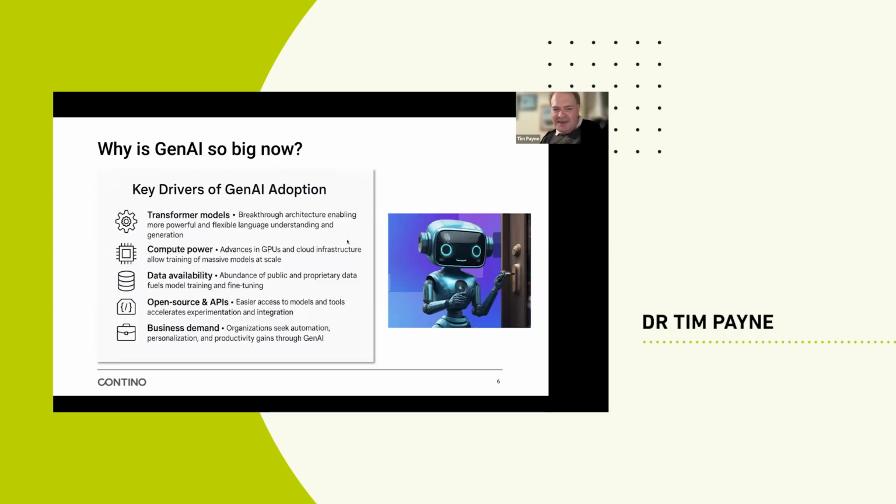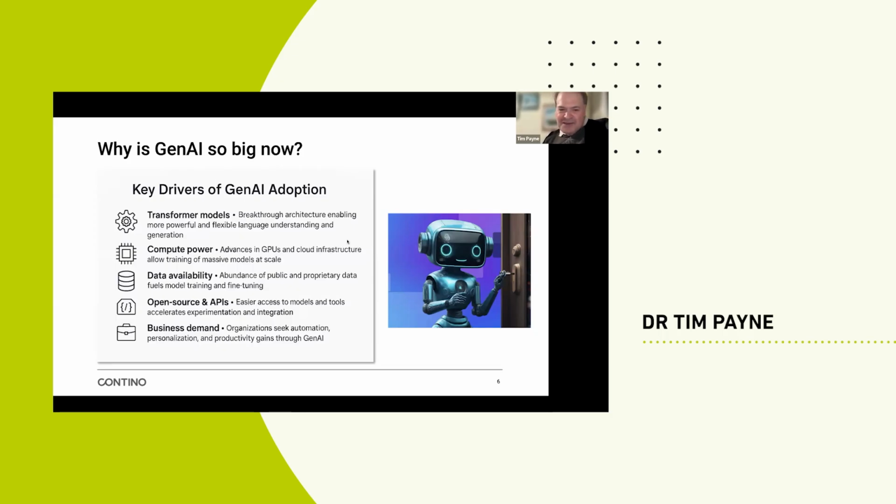So the fact that these transformation models are now available, the fact that you've got this computing power that can allow you to make use of these models, the fact that you've got large data availability, so large amounts of public data, you've got main suppliers putting these into pre-trained models and making those available open source or at least proprietarily available so that you can actually use them.